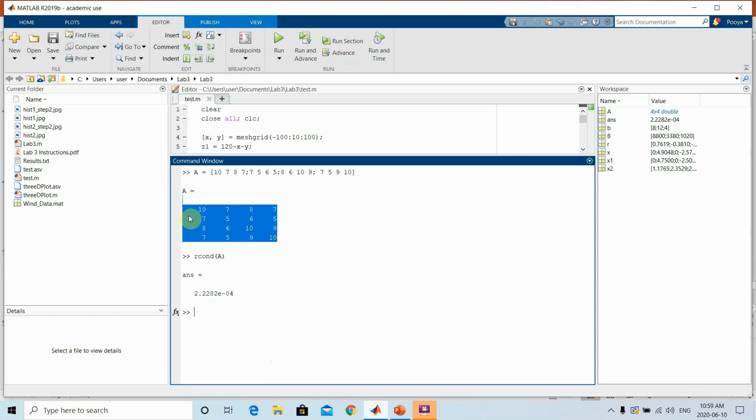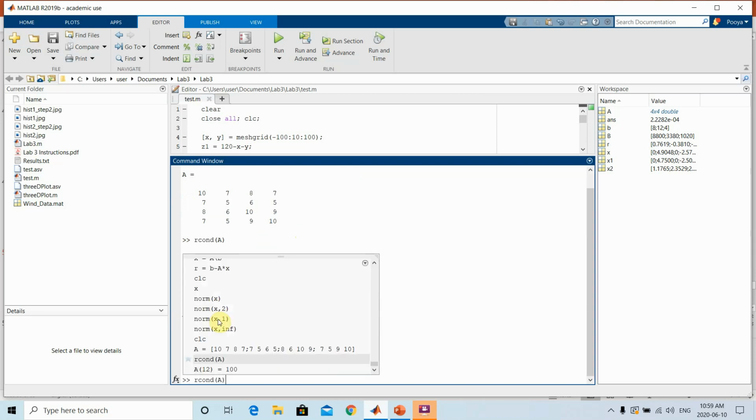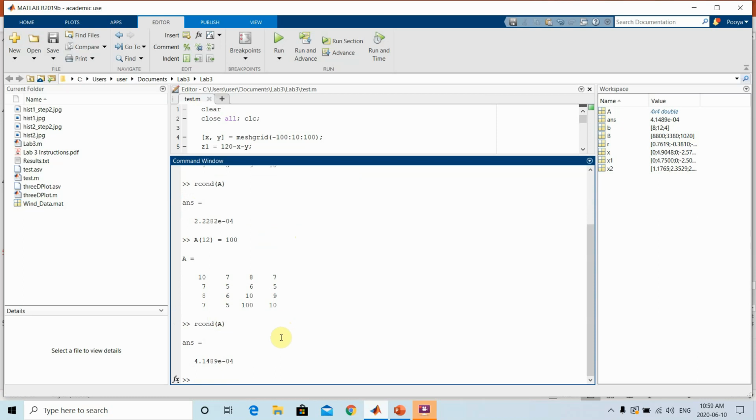It means that if you want to solve the system AX equal to B, any small change to any of the numbers can change the solution drastically, right? Let me change the matrix slightly. Let's say A12 is equal to, not 10, let's say 100. And let's do rcond again. It's still very small.